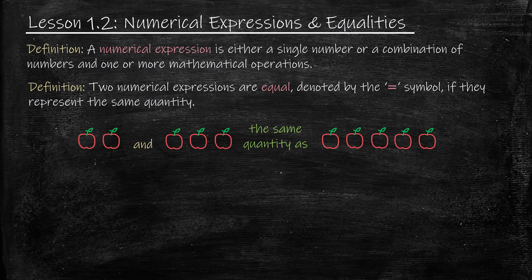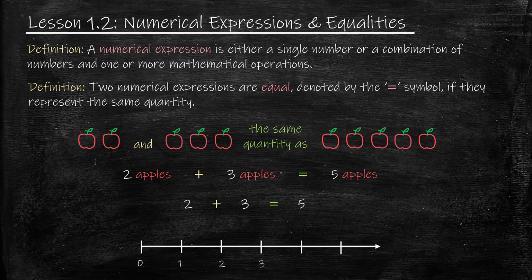And using math notation, we can write 2 apples plus 3 apples equals 5 apples. Or simply 2 plus 3 equals 5. We can also see on the number line that 2 plus 3 equals 5.